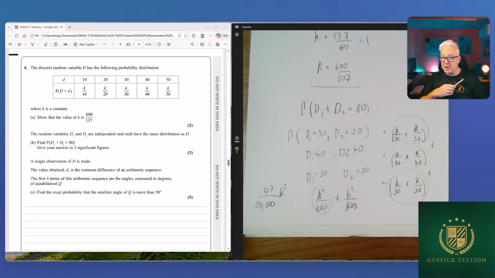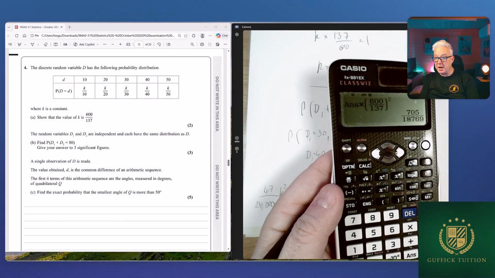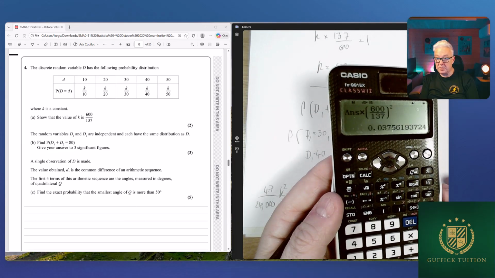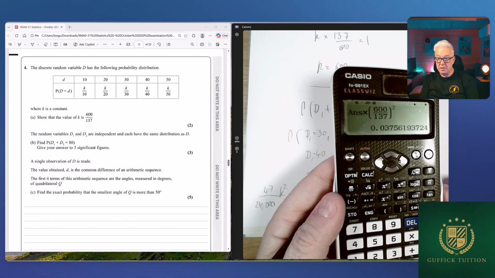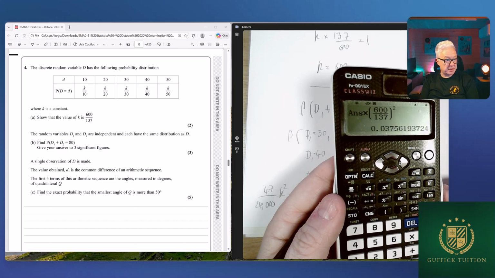And remember that k is 600 over 137. So I'm going to times that by 600 over 137, and make sure to square that as well. Let me get that into my calculator and square it. There we go. Which, when I press that, is equal to 0.03756.